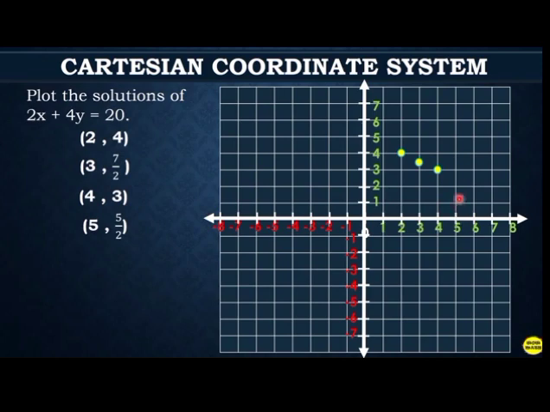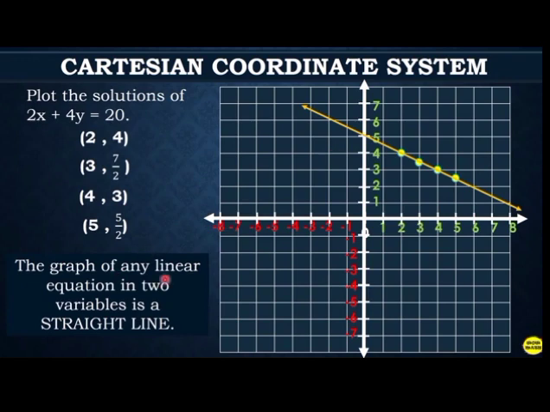Next is 5 and 5 over 2, or 5 and 2 and 1/2. Okay, then let's make a straight line. So the graph of any linear equation in two variables is a straight line.